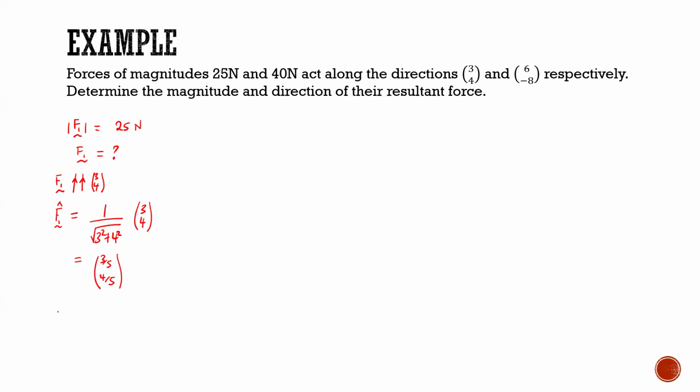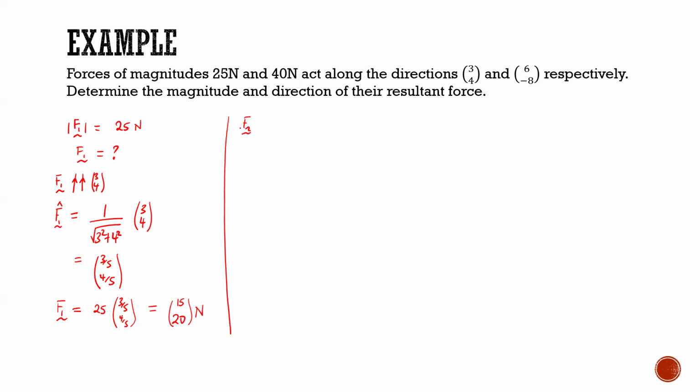And so the vector F1 is given by its magnitude 25 times its unit vector. And what does this give you? 25 by 5, it's 5 times 3, that's 15. 25 by 5, it's 5 times 4, that's 20. And so F1 is in fact 15i plus 20j in newtons.